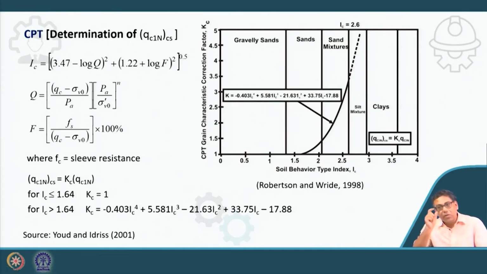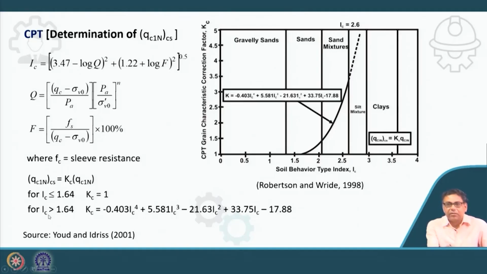Because if I know the soil type, then I can choose the value of N, 0.5 or 1 or in between 0.5 to 1. But I don't know the soil type. So first I have to know which soil type it is. Then I can apply these things.